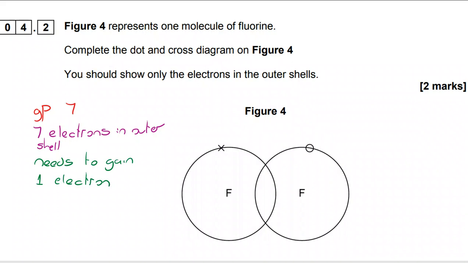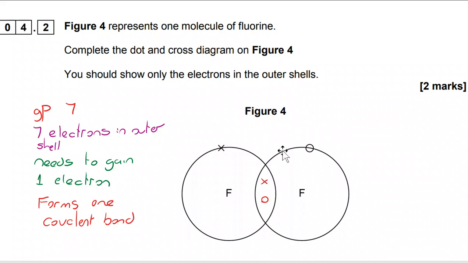And if it's going to gain 1 electron, it needs to share an electron to get one back, which means it will form 1 covalent bond. So we've got 1 shared area here, each fluorine forming 1 covalent bond. So each fluorine puts 1 electron in. At that point, we remind ourselves that fluorine has got 7 electrons in the outer shell.